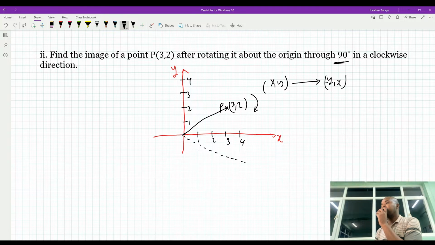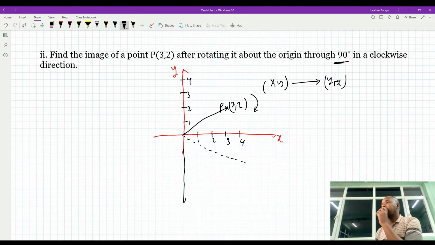So the transformation will come to a point where now we have negative 3, I'm sorry. So when you rotate this point, we are now coming to having 2 comma negative x. So we'll be having (2, negative 3).